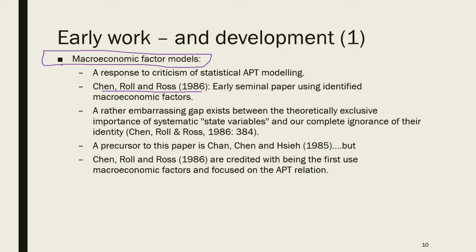And what they noted as a problem with early APT work was this embarrassing gap that would exist between the theoretical exclusive importance of so-called systematic variables, state variables, and the ignorance of the identity. So now the identity of these variables would be represented using macroeconomic variables, which can be interpreted.